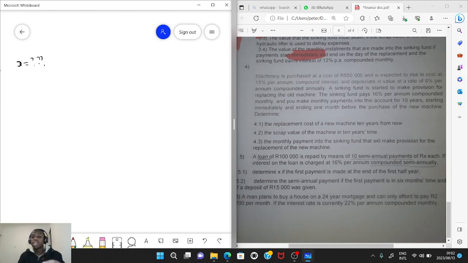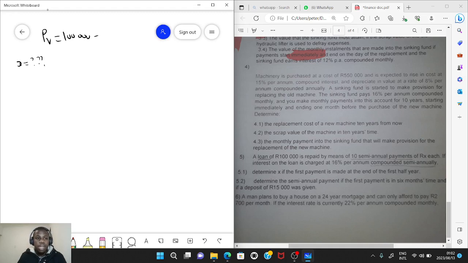So because the person deposited 15,000, the loan will no longer be 100,000. So we will take the 100,000 and minus what? And minus 15,000 because they paid off 15,000, and we'll be left with 85,000 rand.